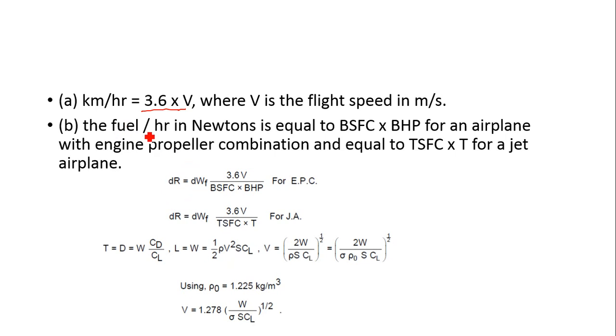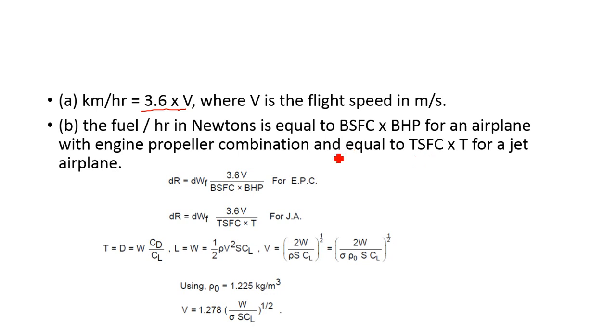And fuel per hour in newtons is equal to BSFC into BHP for an engine powered airplane, and for a jet engine it will be TSFC into T. Okay, TSFC into T.